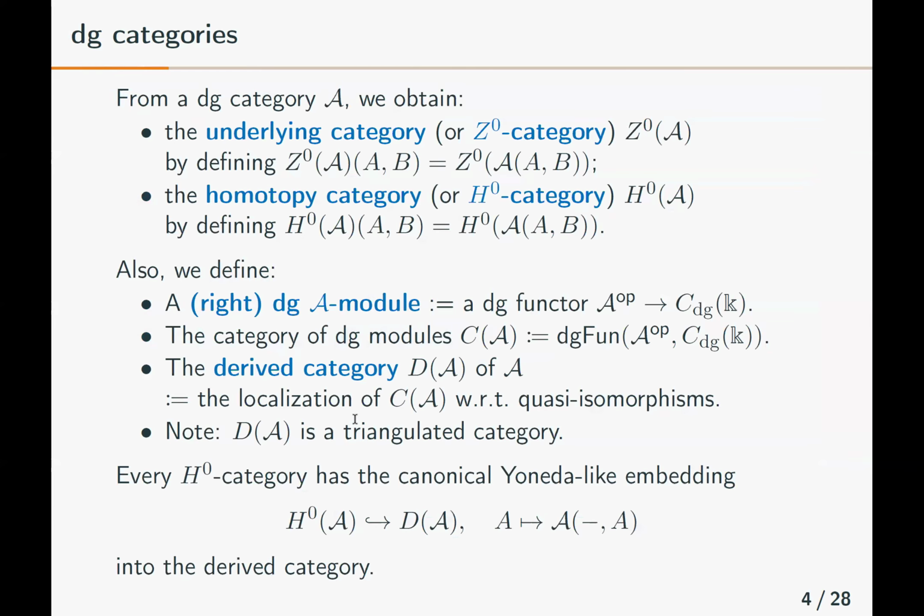A DG category is an enriched category, but it also has a homotopical aspect. From a DG category A, we obtain an ordinary category Z^0 A by taking zero cycles of each hom complex, like this.